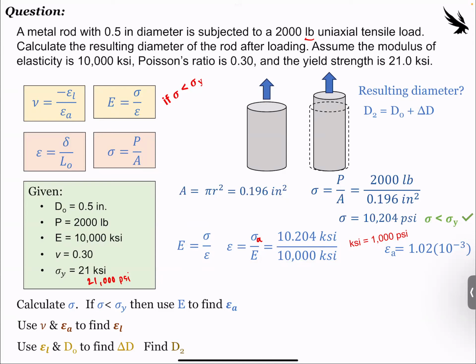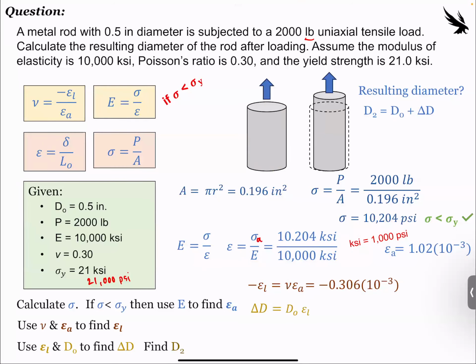So now that we know our axial strain, we can use that in the Poisson's ratio to find our lateral strain. I'm just going to keep the negative in here, but remember the negative is just representing that decrease in value. So it's the compression, the negative value of deformation.